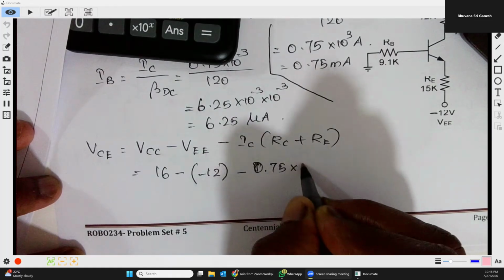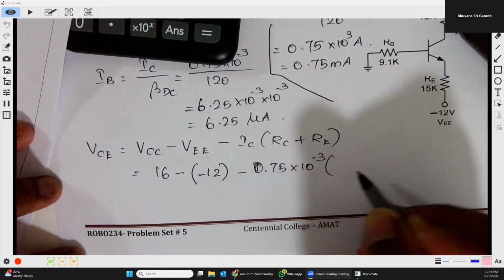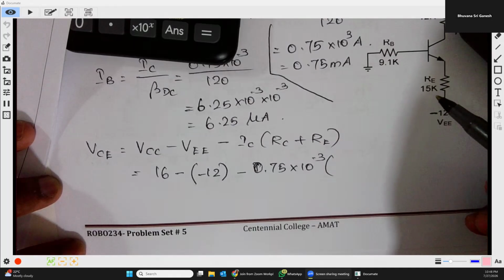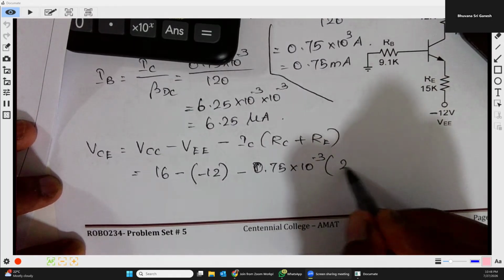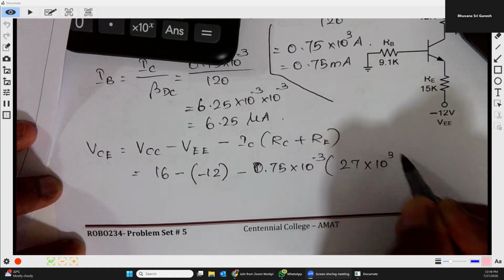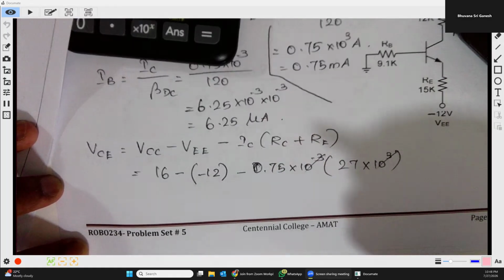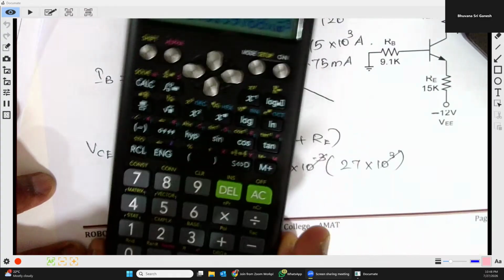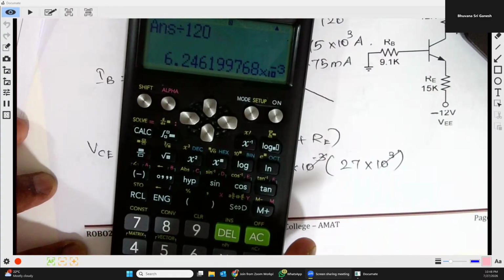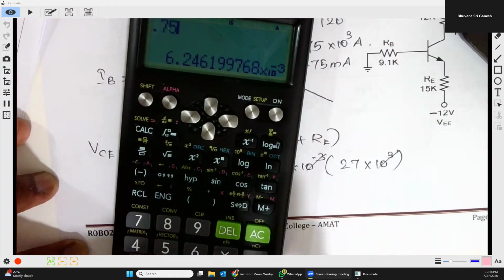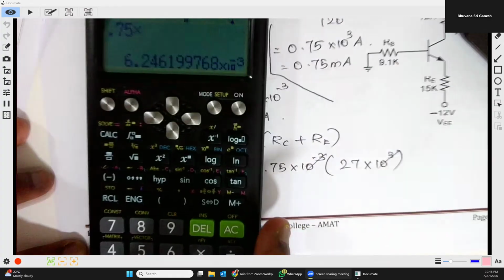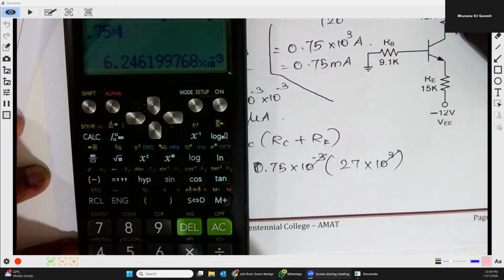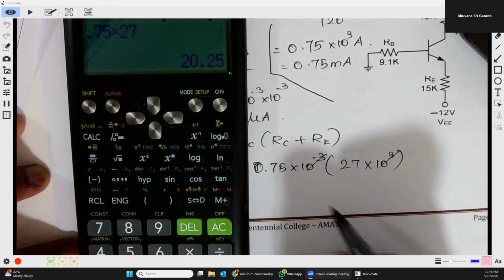0.75 times 10 power negative 3 times RC plus RE, 12 plus 15K, so 27 times 10 power positive 3, right? So these two are going to get cancelled. 0.75 times 27 is equal to 20.25.